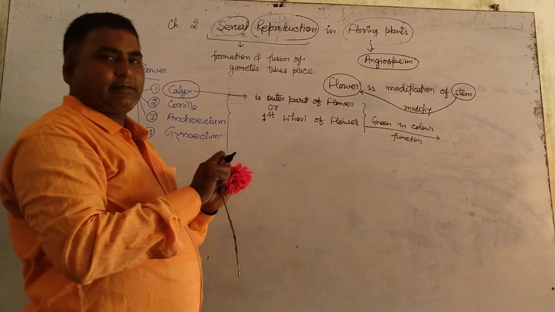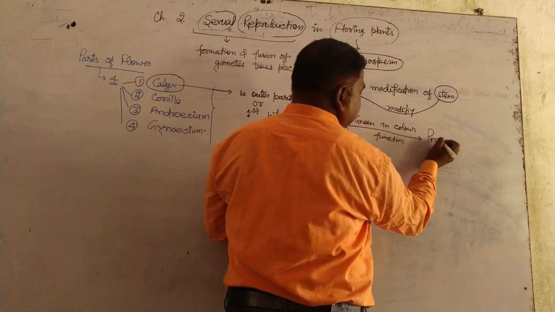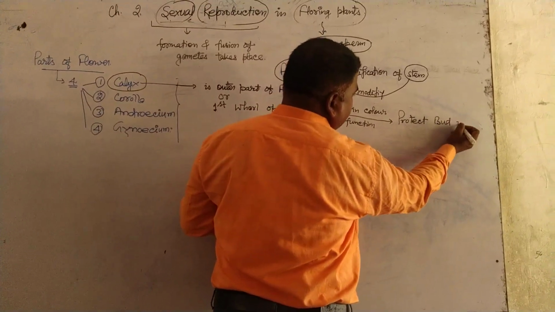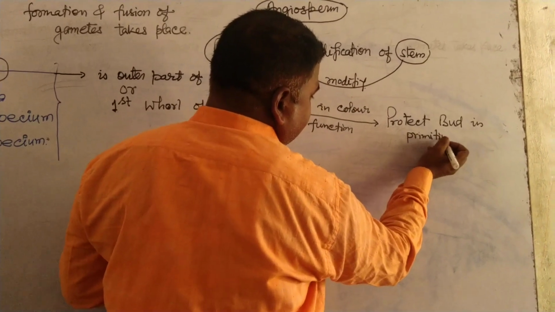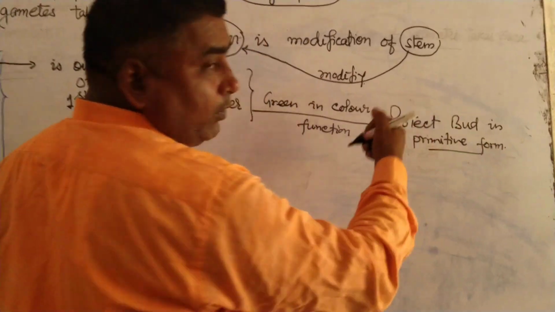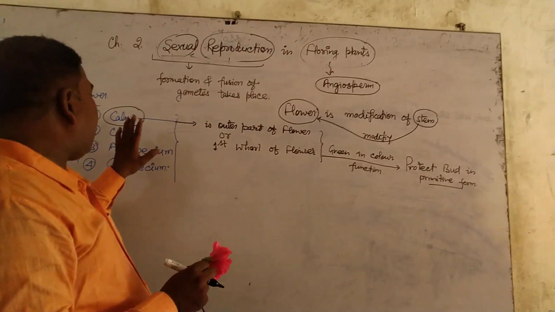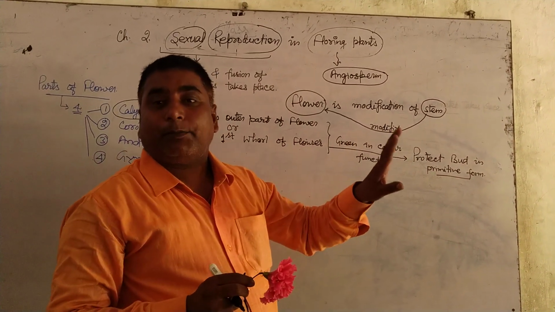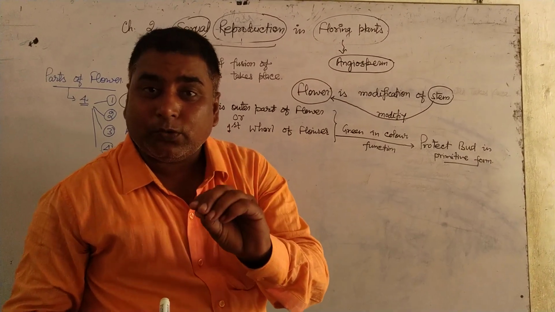This calyx protects the bud in its primitive form. Okay? Means the function of calyx is protection of the bud when the bud is immature.